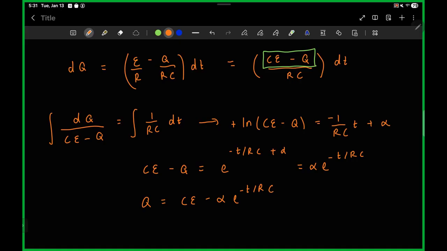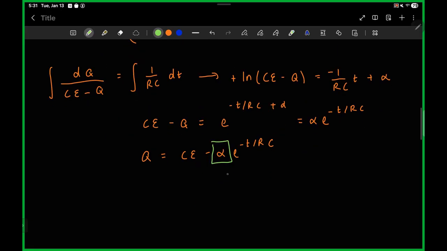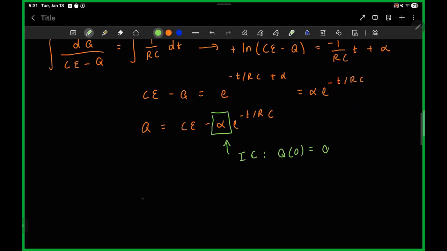Our last step is now to determine the value of alpha. For that, we use our initial condition, and our initial condition is that Q of 0 is equal to 0. Plugging in 0 for t, we get 0 equals C epsilon minus alpha, which tells us that alpha is equal to C epsilon.